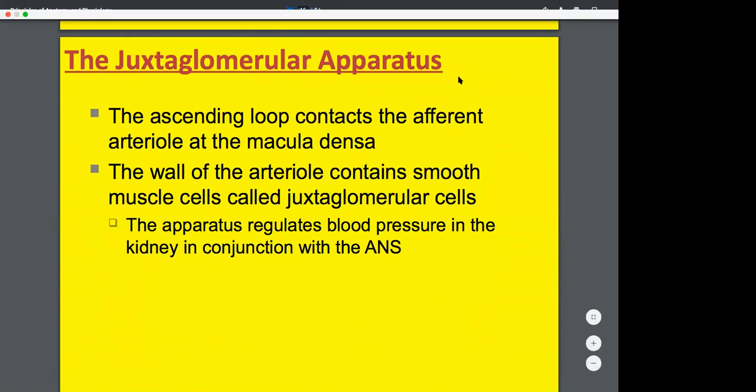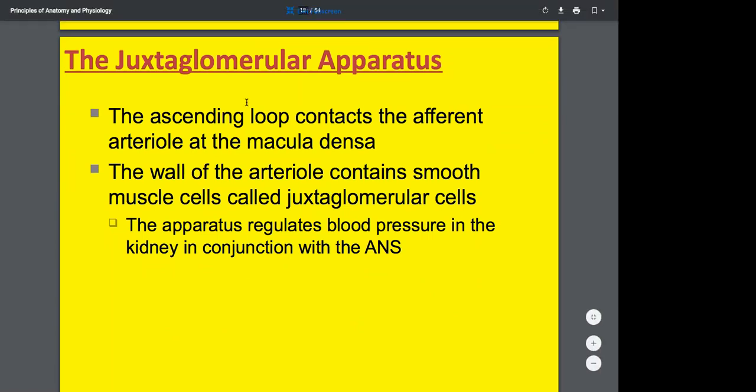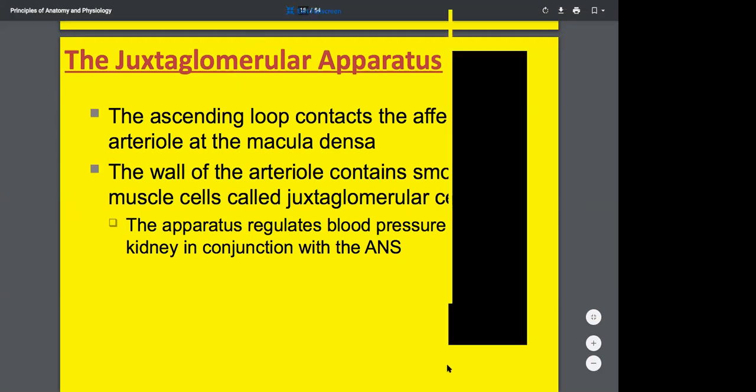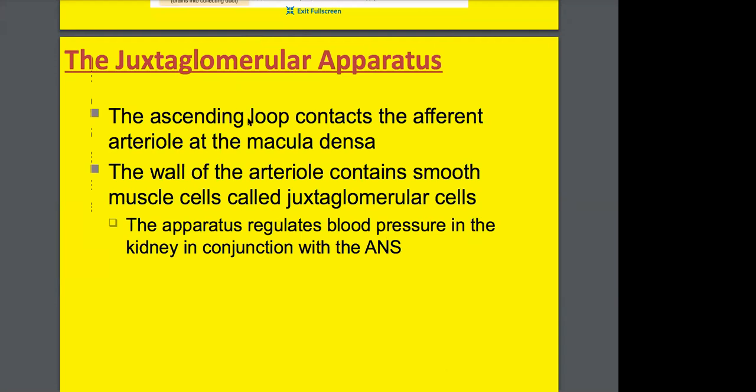So before we go any further, we really want to go back to the drawing board for a second and think about what we're talking about in this picture. We draw the nephron this way to learn the parts of the nephron.